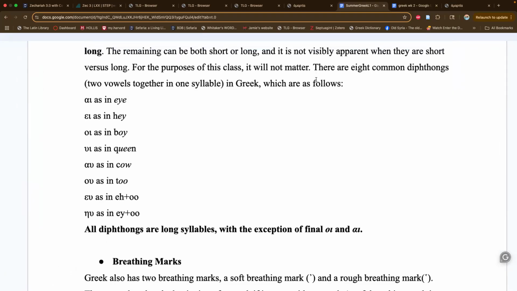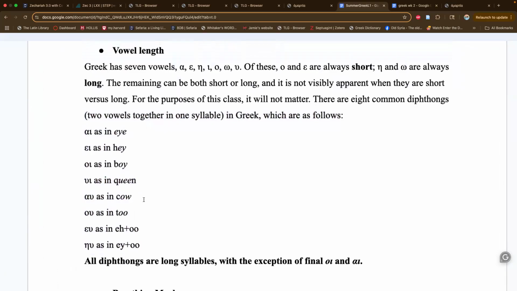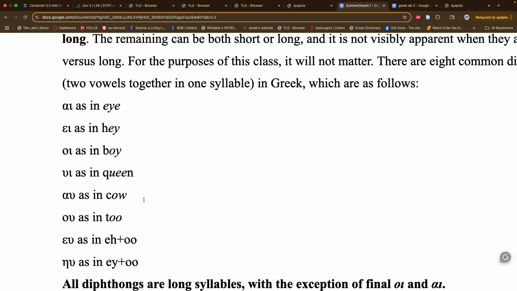However, something to note is that we have 8 diphthongs, which are 2 vowels put together that make a new sound. These are important to know because there are times where you'll see 2 vowels next to each other, and you might think that in English they go together, but they will be pronounced separately.